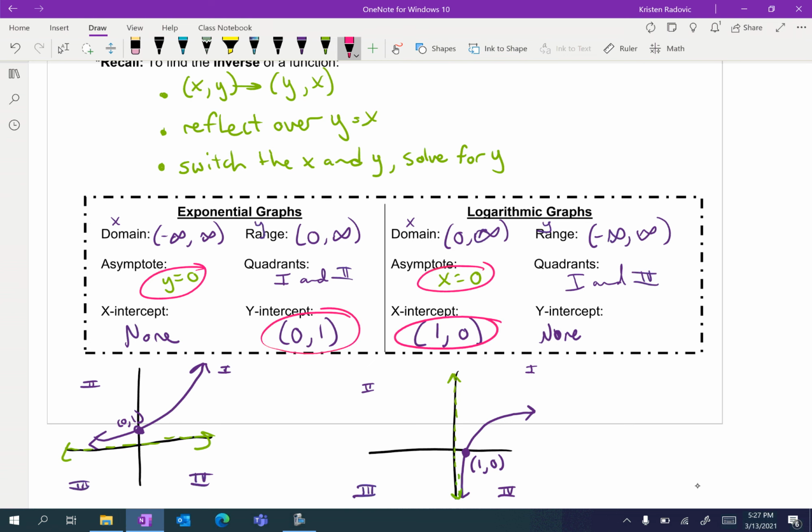And you definitely should know the shape of both. Exponentials, we are heading on up, or if it's decay, we are heading on down. On the Regents, usually every time we see a logarithm, it's going to look like this. So we should be able to tell whether it's a logarithm or an exponential equation based on the picture immediately.